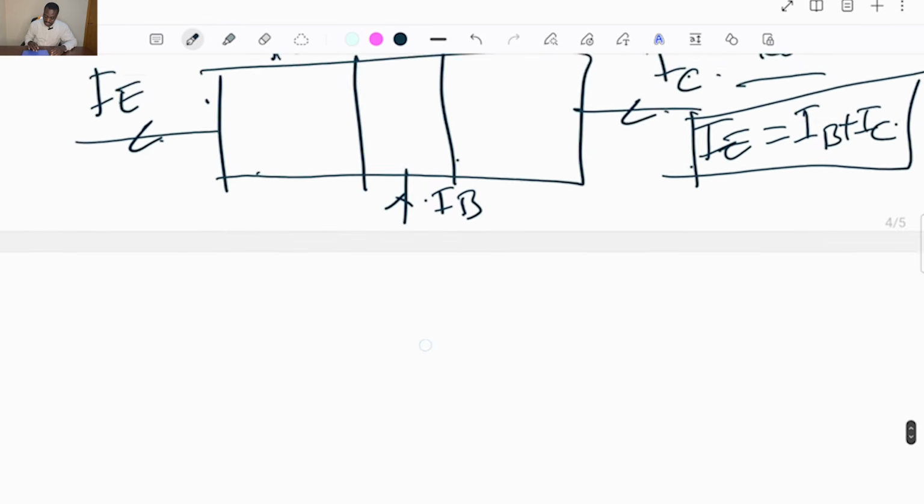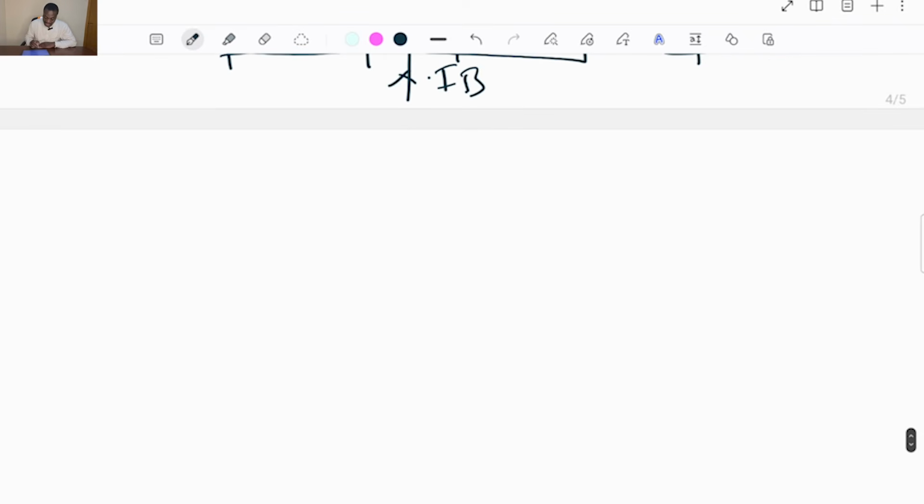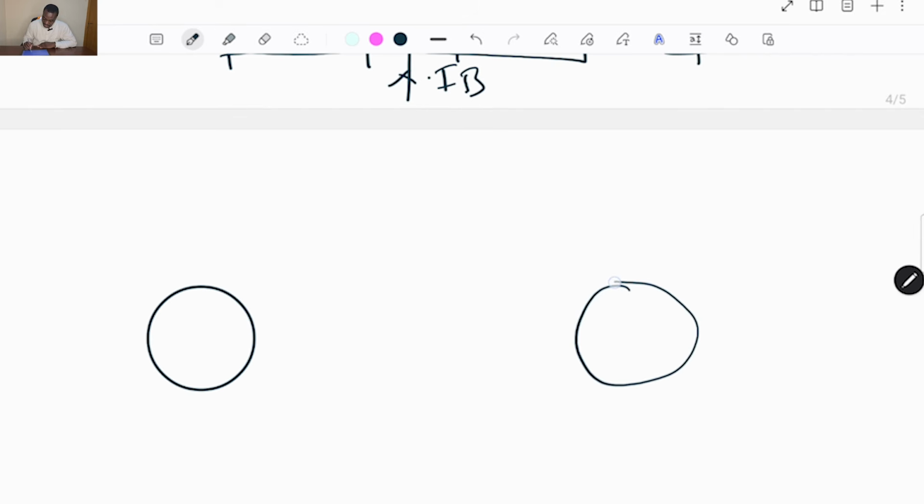First, let's start with the symbol. We have two types of bipolar junction transistors: the PNP and the NPN. So let's start with NPN.